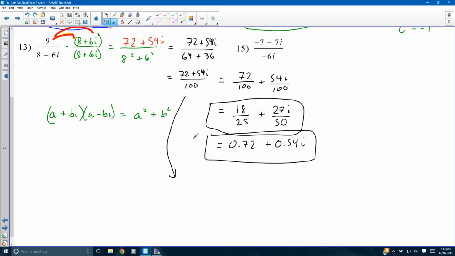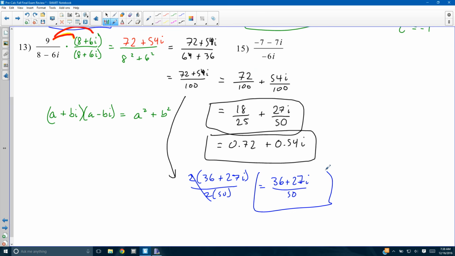So if everything divides by 2, meaning you factor a 2 out on top and a 2 out on bottom, you're just left with 36 plus 27i all over 50. So all of these are equivalents. If you see any of these on a multiple choice test, those are all the same answer.